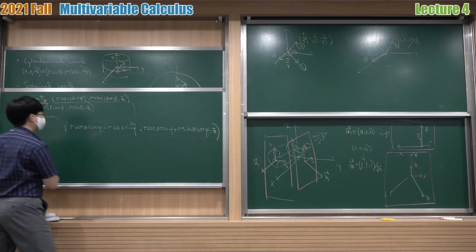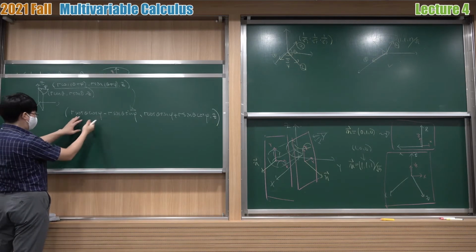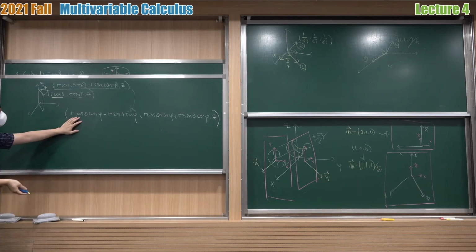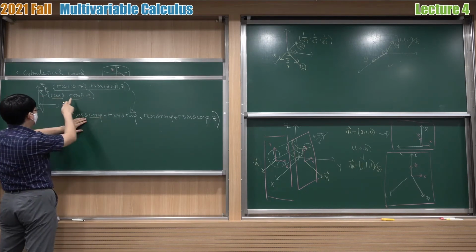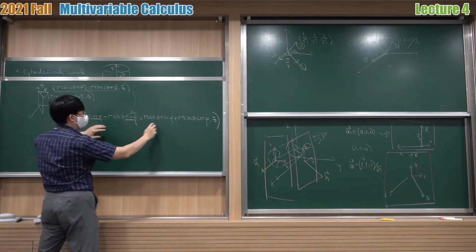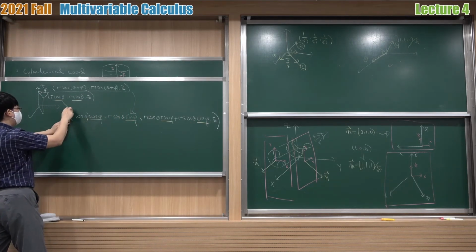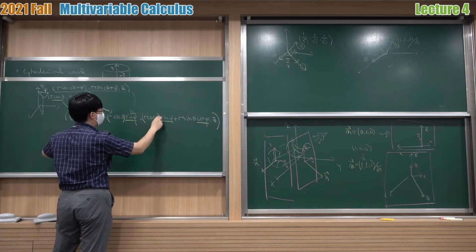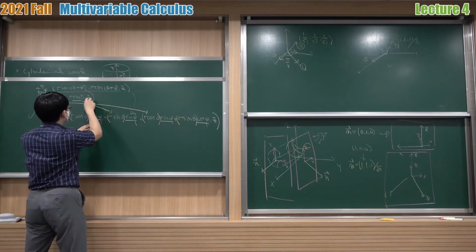Right? So we don't do anything on z, but we are changing my original vector using some linear combination with coefficients cosine phi and sine phi here and here. So these parts are coming from the original coordinates, right? This one comes from here, and this one comes from here.